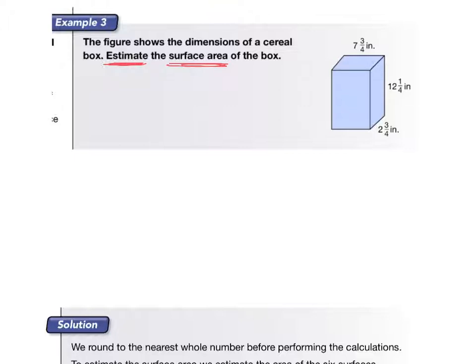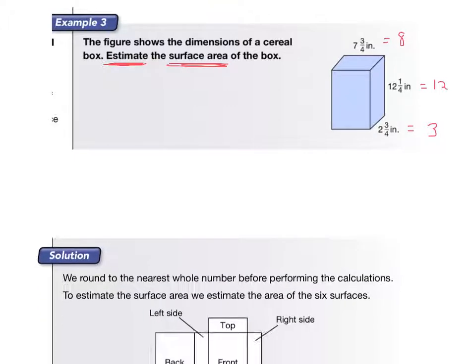So the first thing you want to do is round everything. Draw this figure, label it, and then let's round it. 7 3/4 inches is closest to 8 inches, 12 1/4 inches is closest to 12 inches, and 2 3/4 is closest to 3 inches. That's a lot better than working with our fractions because we're estimating.